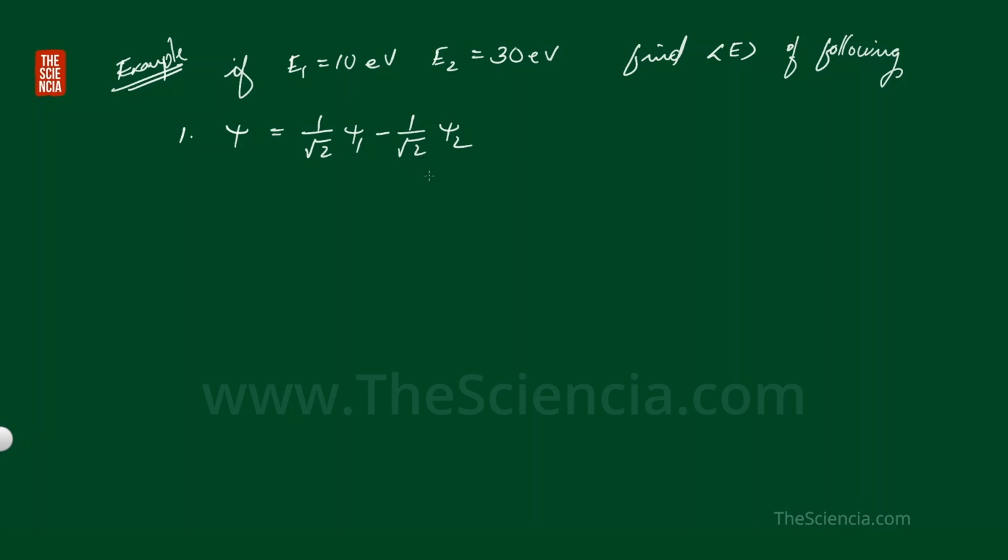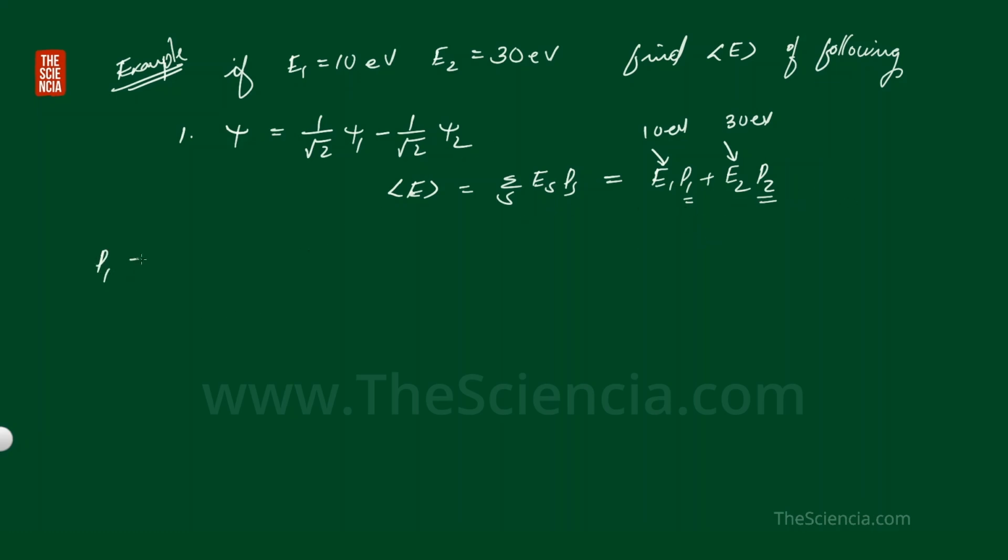So here what is the question? We have to find the expectation value of E, that is equal to summation over s of E_s P_s. Here there are only two states, so this is equal to E1 P1 plus E2 P2, where E1 is given, 10 eV, and E2 is also given, that is 30 eV. We have to find only P1 and P2 and substitute those values here.